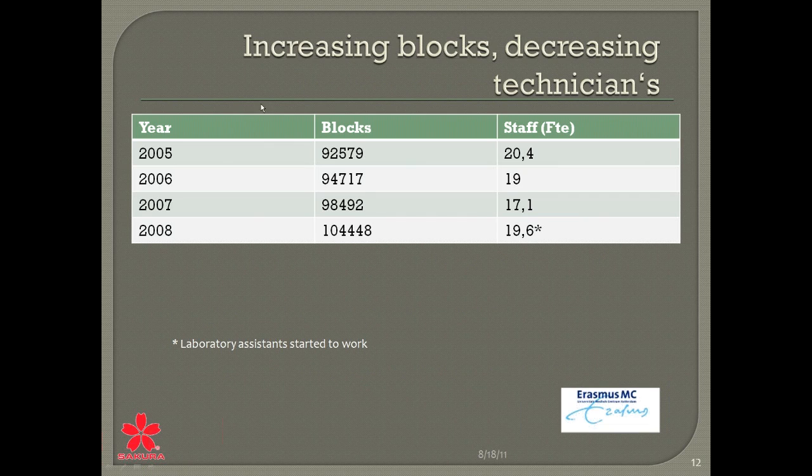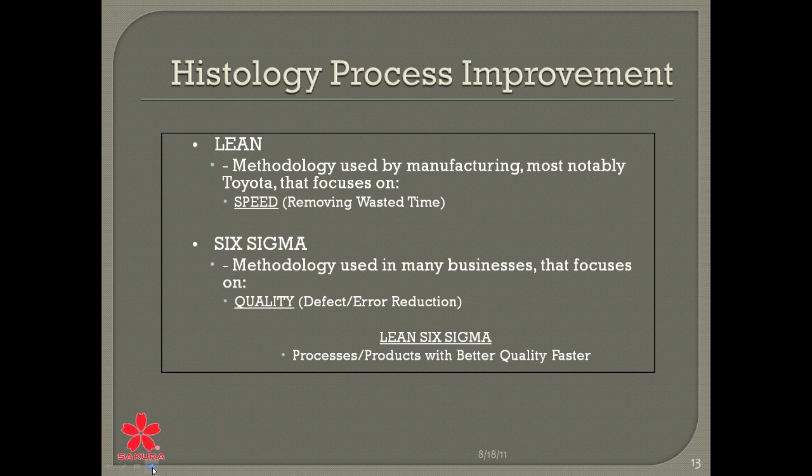So what we saw was an increasing number of blocks over the years and a decreasing number of technicians. In this stat, in 2008, we see an increase in the number of staff, but that is because laboratory assistants started to work and are counted in this number.